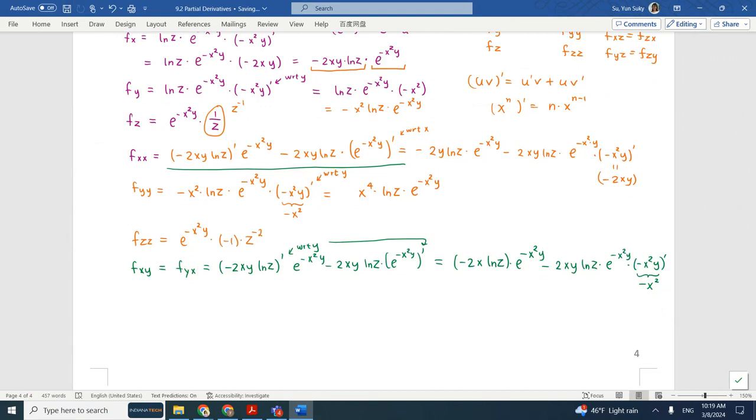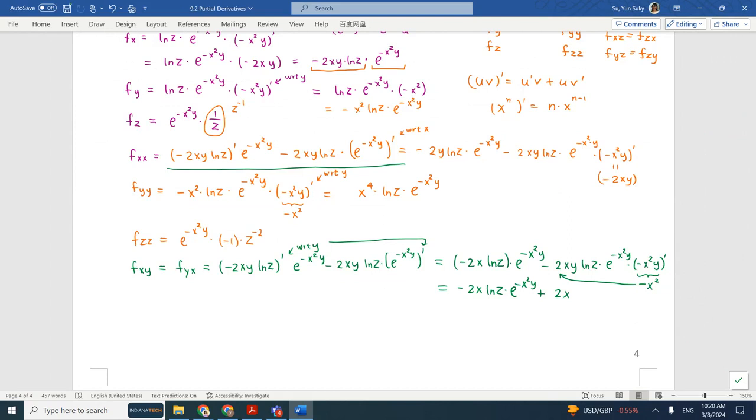Okay, so this is negative 2x and z e to the minus x squared y, and we combine these two, we get plus 2x to the what? X, what power?